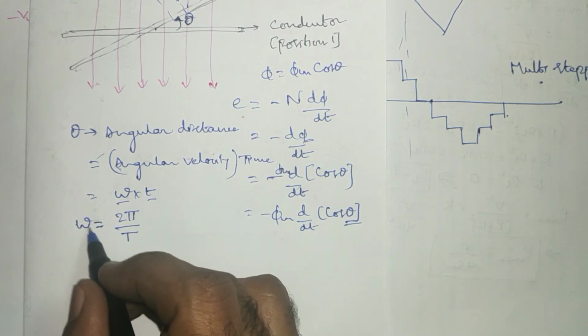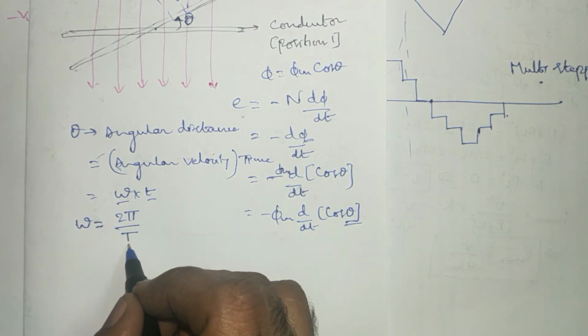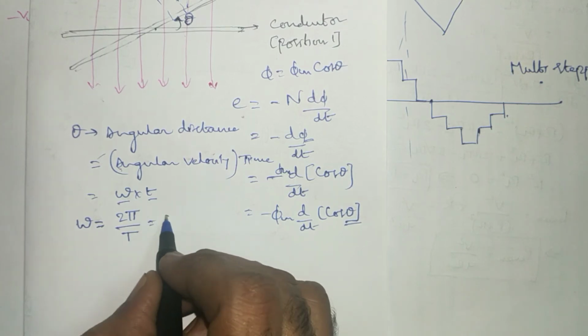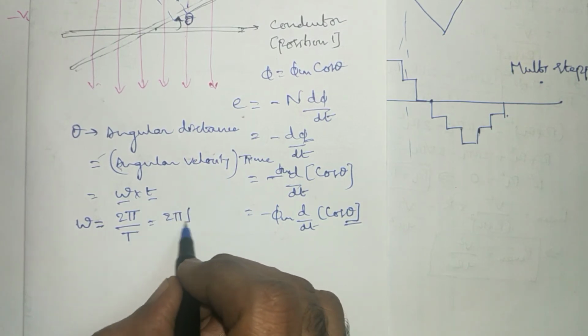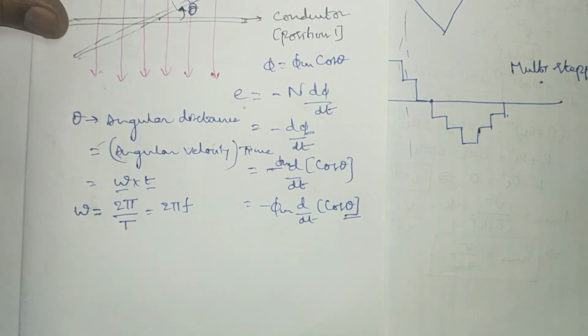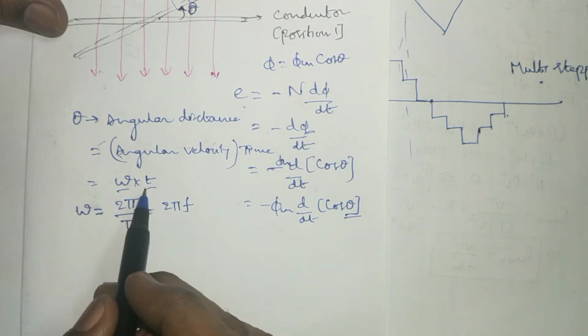So omega becomes equal to 2 pi by T, and we know the reciprocal of time period is frequency, and omega is expressed as 2 pi f. So these relationships we have to remember, they are very important for us. So theta is ultimately a representative of the time.